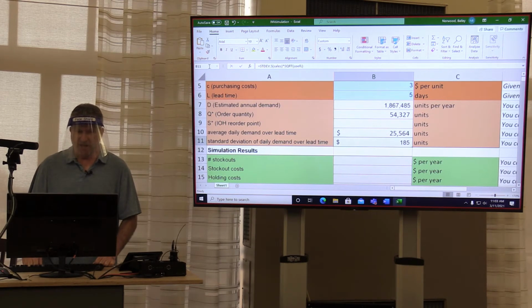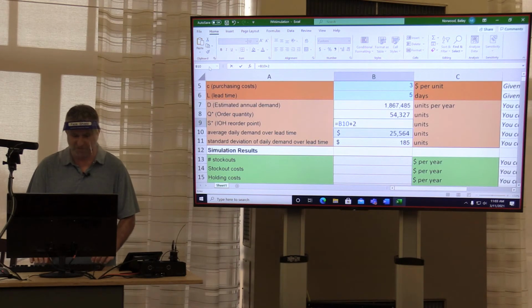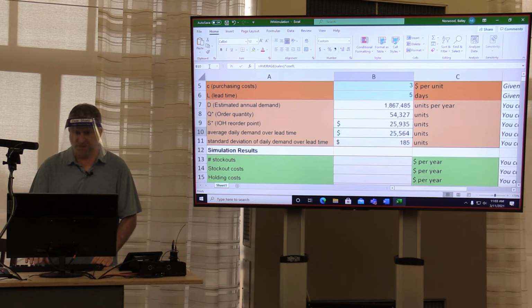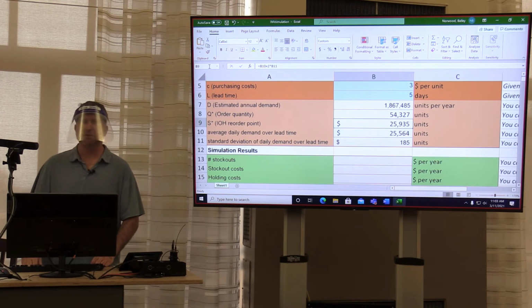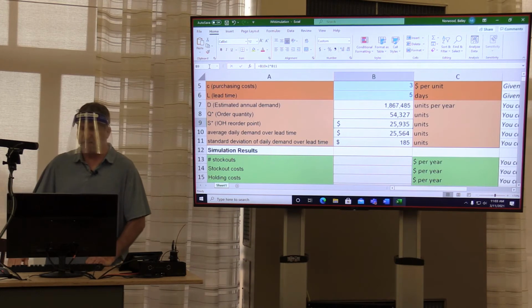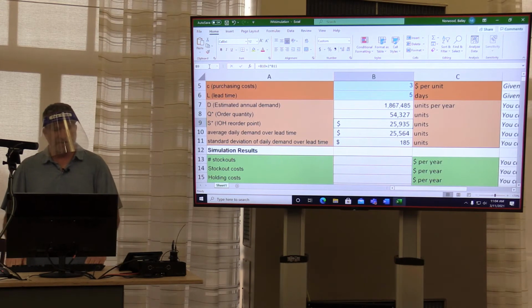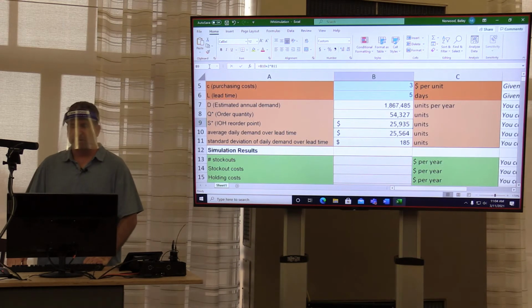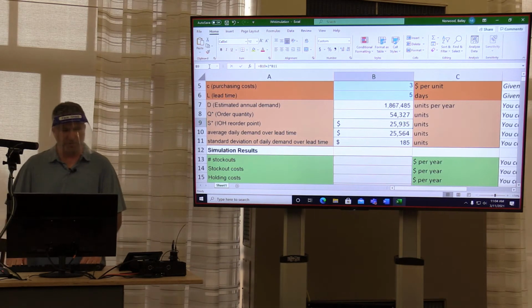And then we know our reorder point is just going to equal average demand over lead time plus 2 standard deviations. So we're starting off with, this is saying that we're going to reorder whenever inventory hits 25,935, and when we reorder, we're going to reorder 54,327.